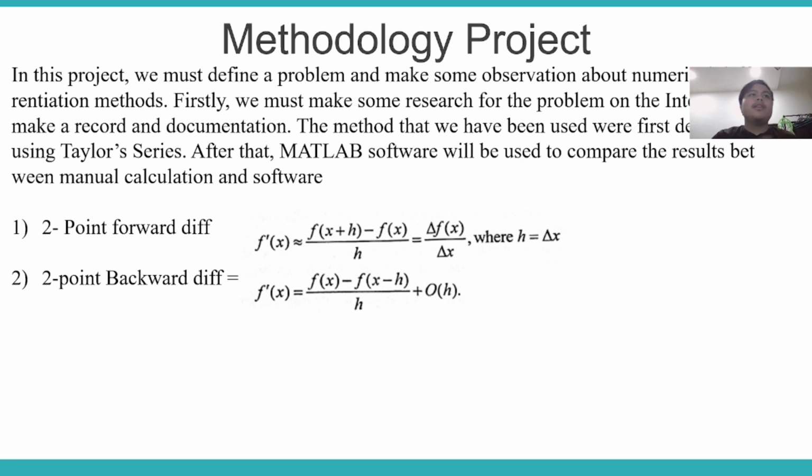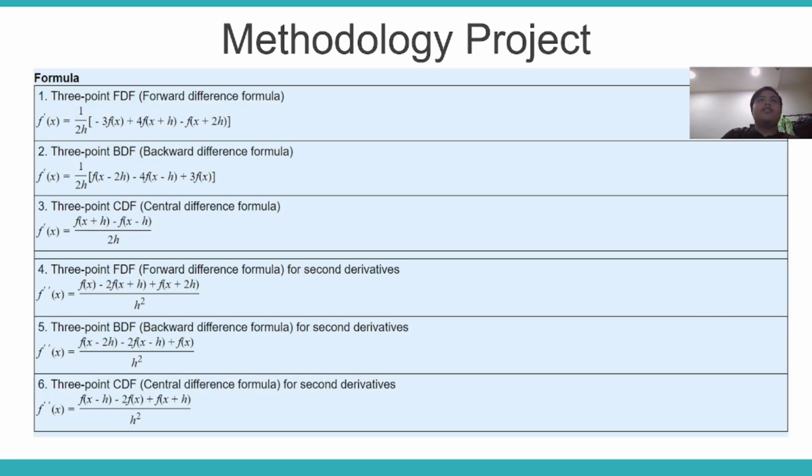Number one is the 2-point forward differentiation, so this is how to find it. This is the 2-point backward differentiation, and this is how we find it. And this is the formula for each point that we want to get in the project. Okay, that's all for me.